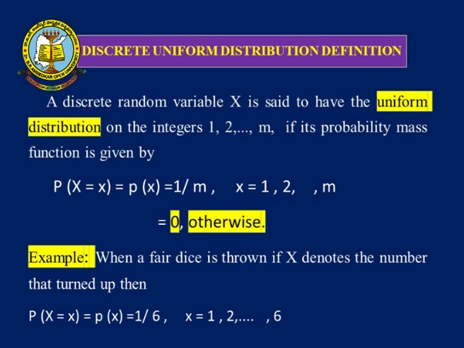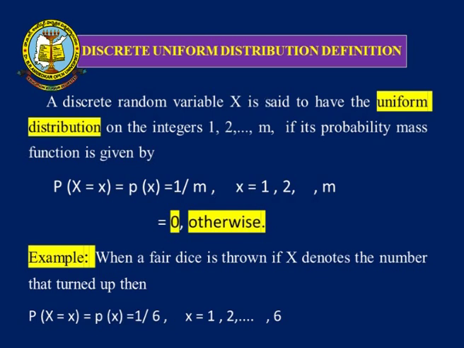So, definition of discrete uniform distribution. A discrete random variable X is said to have the uniform distribution on integers 1, 2, 3 and so on up to m, if its probability mass function is given by P of X equal to small x is equal to 1 by m, where X takes the values 1, 2, 3 and so on up to m, otherwise 0.